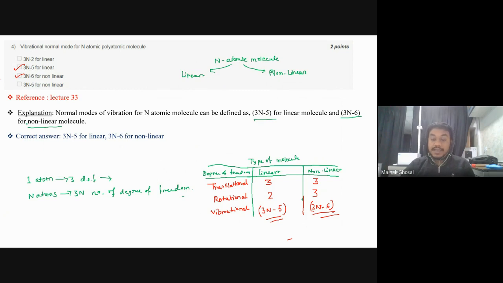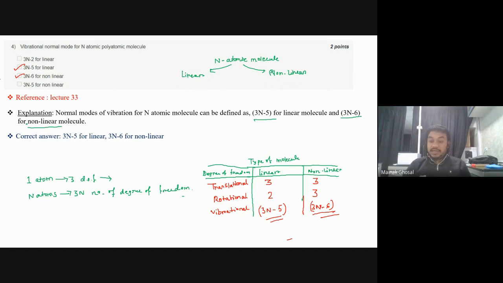But when there is a linear molecule, all the atoms are situated in a particular line, so there will be some restriction on the rotation, that means out of the plane rotation. Yes, out of the plane rotation is not possible for each atom. So there will be 1 degree of freedom, or 1 rotation, that will be restricted for a linear molecule.